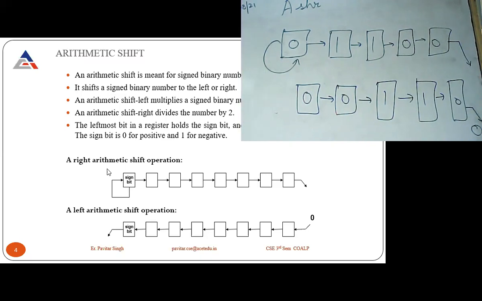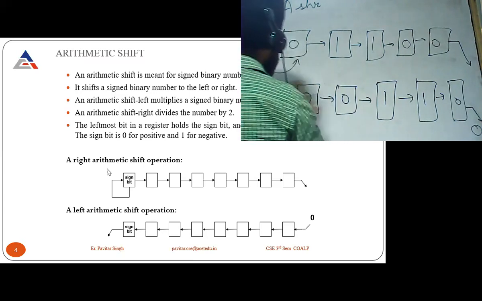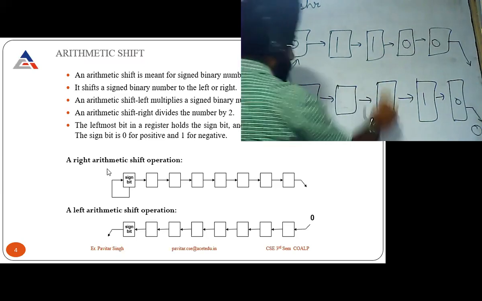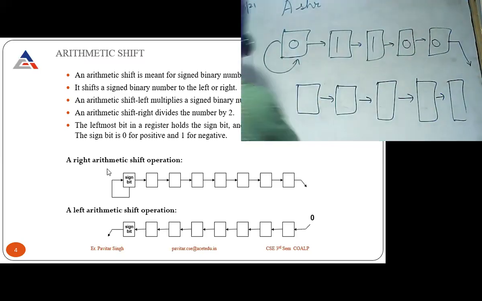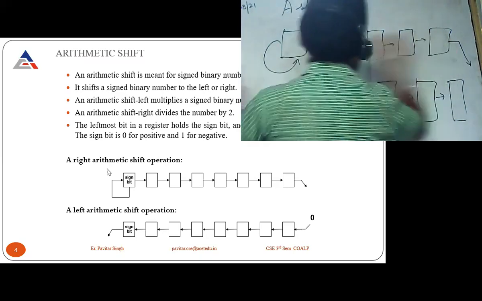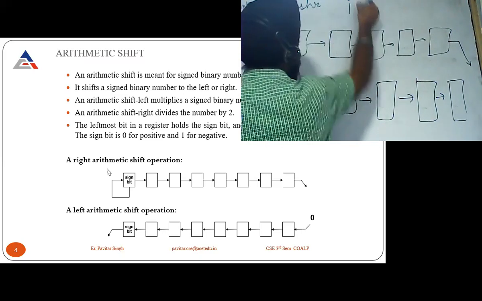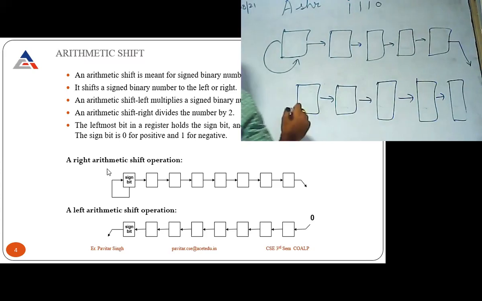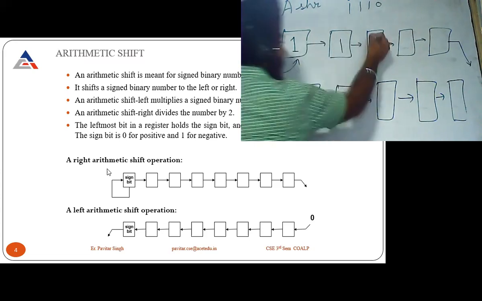Sir, please take one more example, with a minus. So taking the example of minus 14, right? For minus 14, what will be the value? First of all, you need to calculate the value. 1110. According to 8421, how does it become 14? 1110, right? And for minus 14, the sign bit will be 1, followed by 1110.